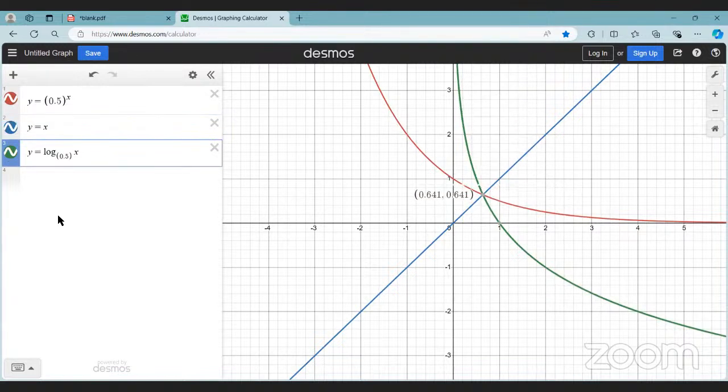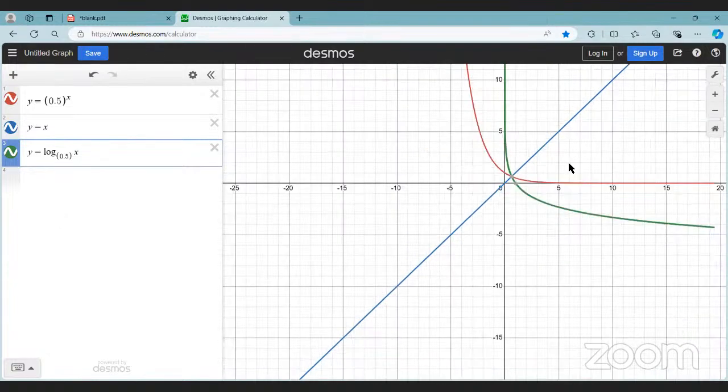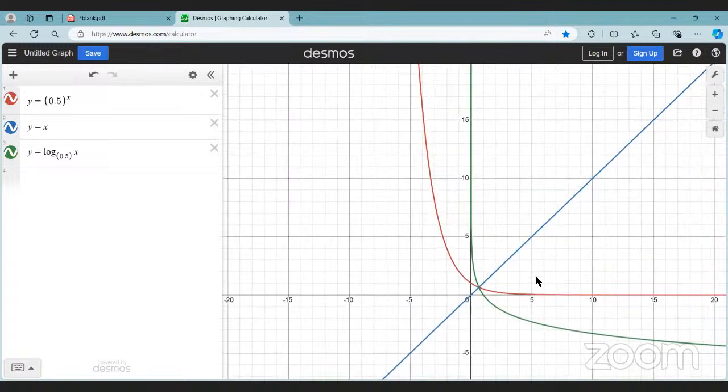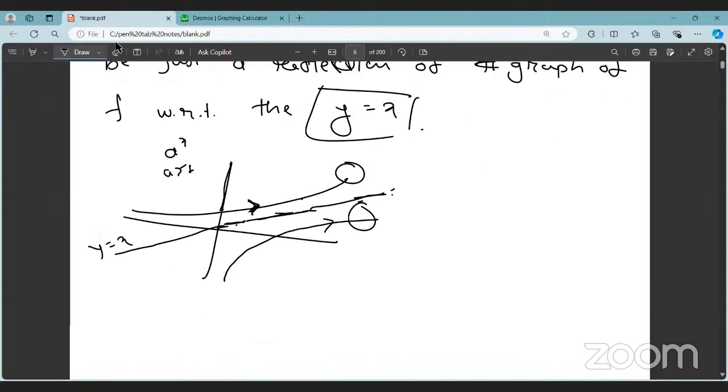So this is the second case, when our base is between 0 and 1. Then the graph of log x will look something like this green one: some sort of asymptotic behavior along the y-axis, and then a decreasing behavior along the x-axis. Okay. So let me finally define.